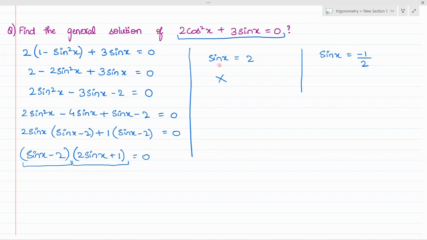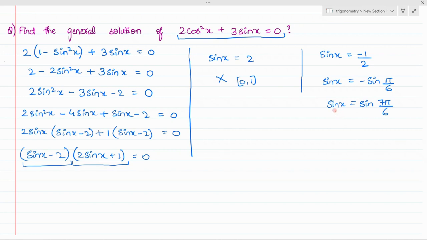We know sin x lies in the range minus 1 to 1. So how can it be 2? So just ignore this case. So in this case, we can write sin x as minus sine pi by 6. This can be written as sine 7 pi by 6. If you know the basics, you can just write it directly.